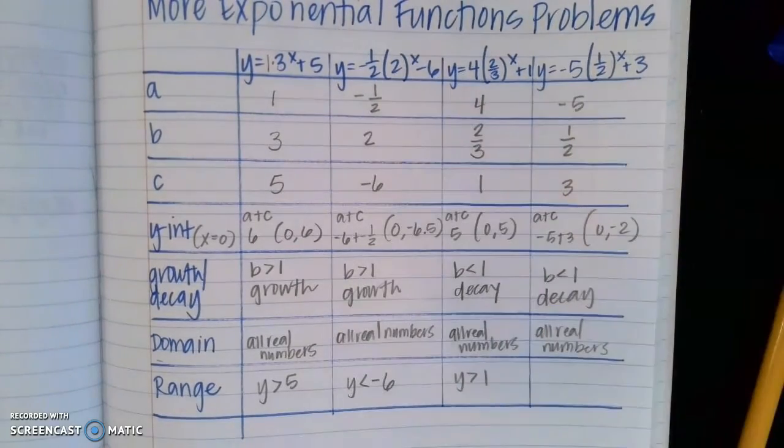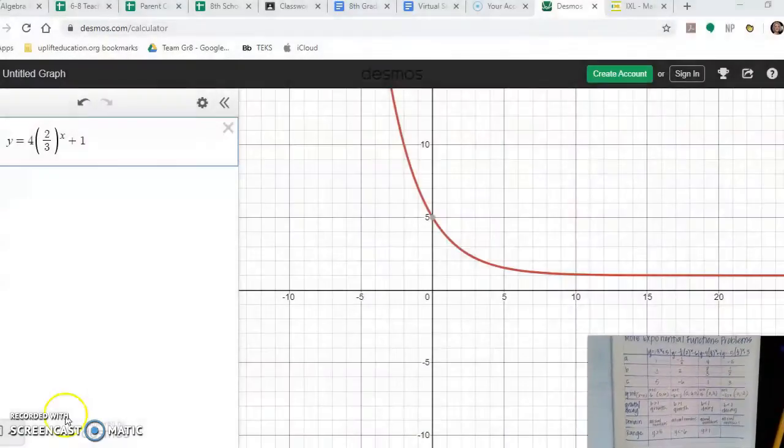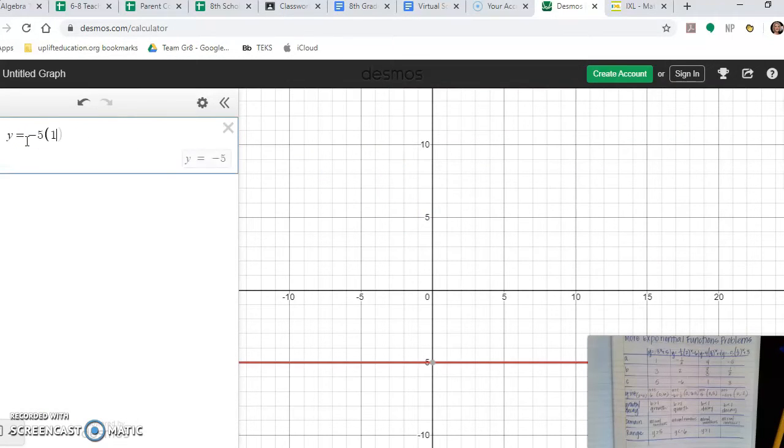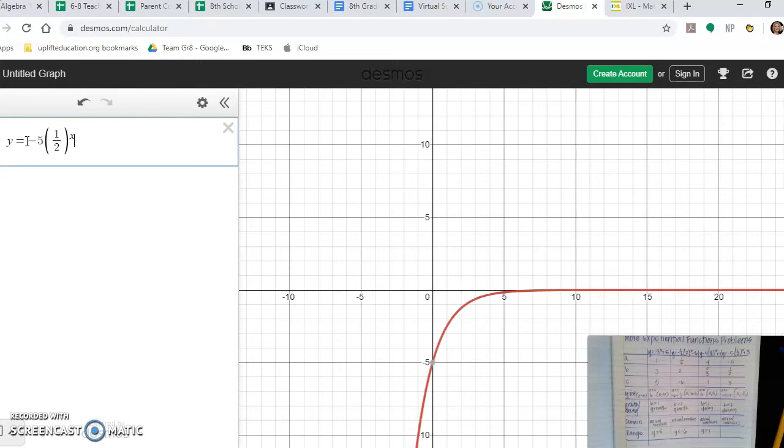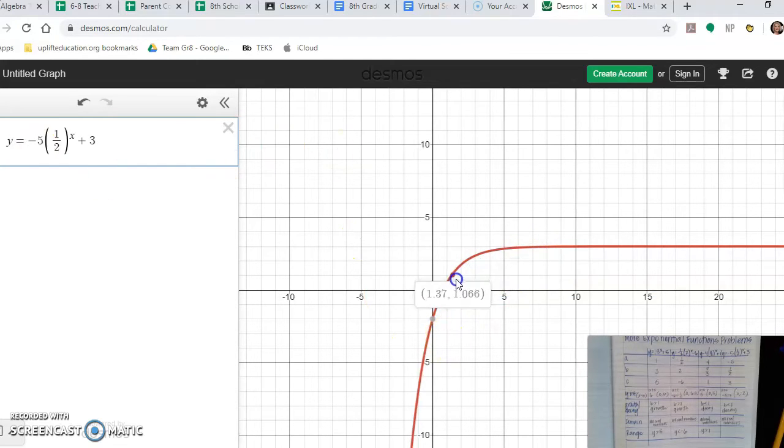And let's look at our graph to determine our range. So y equals -5, 1/2. Again, tab over to make your parentheses nice and big. To the x plus 3. So now here's 3, there's our asymptote, and all of our range values are going to be less than that value.